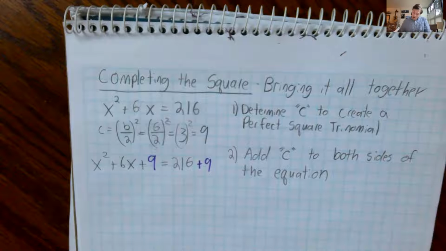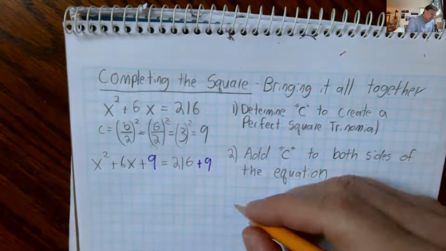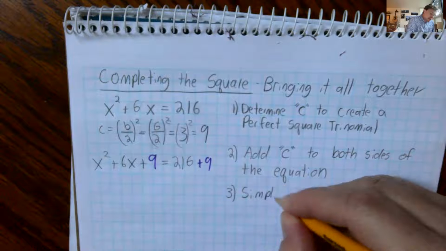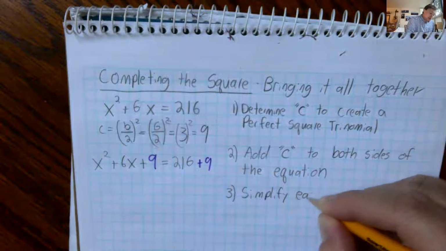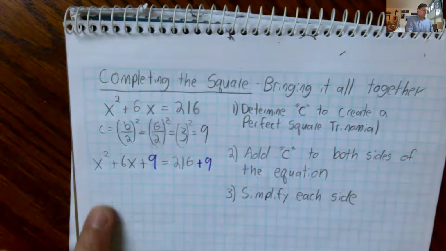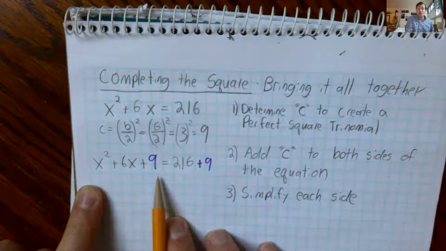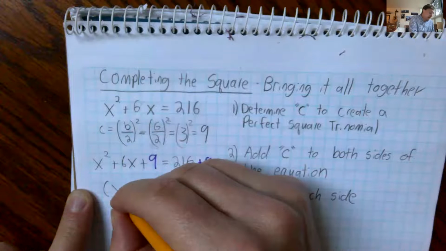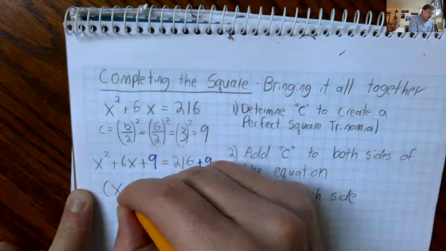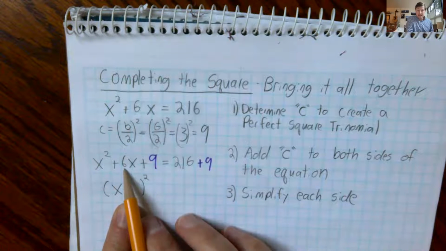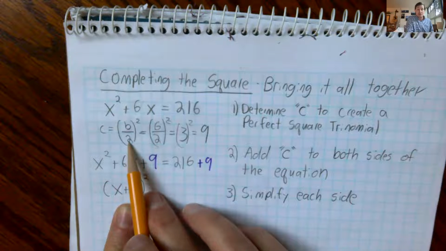Our next step is to simplify each side. So this left side is going to turn into a square of a binomial. It's going to be x plus something, squared. Now that something is always going to be half of the B term, kind of what we did up here in the parentheses.